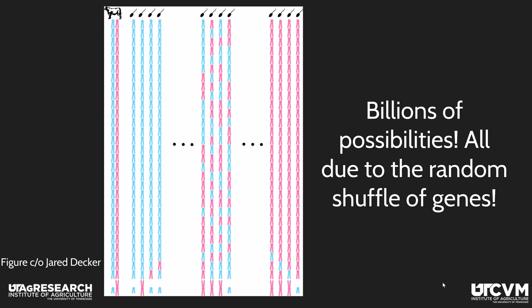You, in theory, could get 100% of that sperm cell's chromosomes from this bull's sire, the blue chromosomes, all the way to 100% from the dam, right? So again, the randomness ends up being billions of different combinations. We need to be able to track these, knowing that the proportion of the quantitative trait genetics on these chromosomes is going to differ a fair bit.